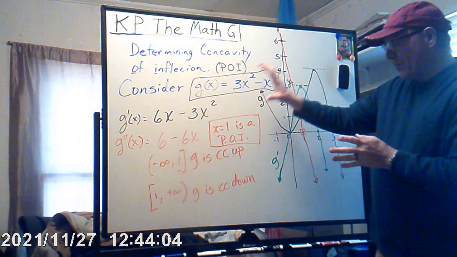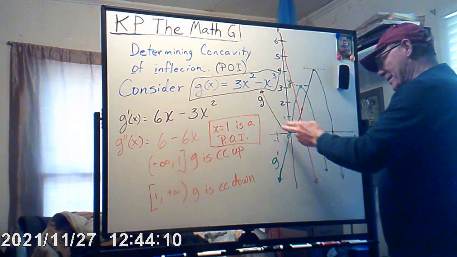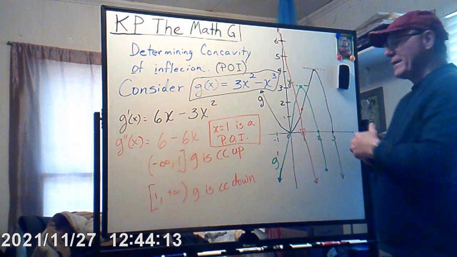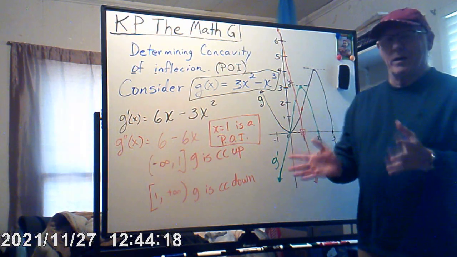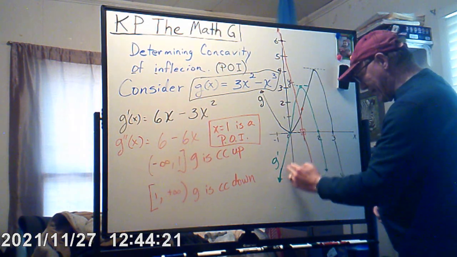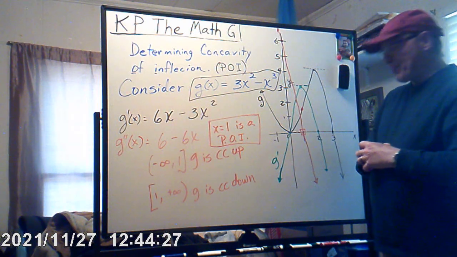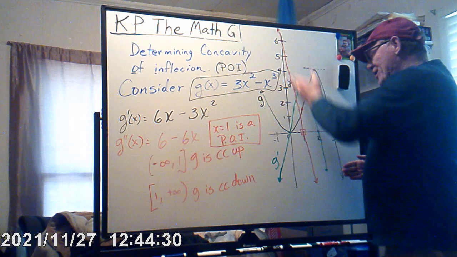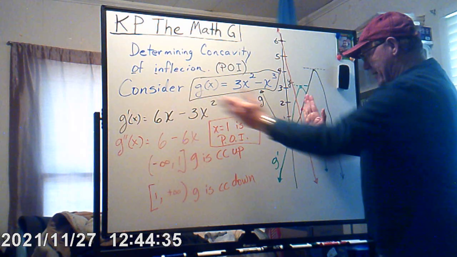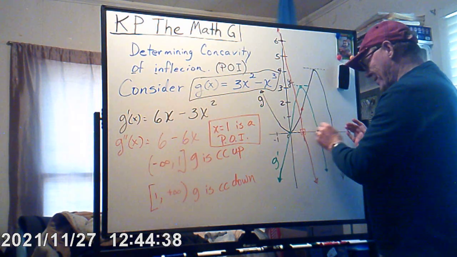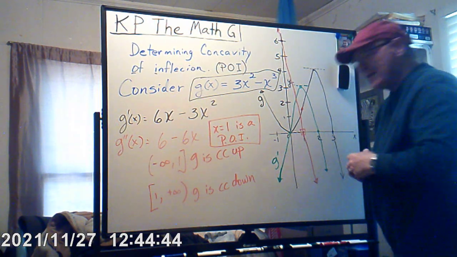This is what we were wanting to accomplish today, and this does look like a lot. Now remember, the black curve is G. The green one is G prime, which shows what? Increasing, decreasing. Decreasing here, increasing here, decreasing here. Okay? And the red line shows concavity, concave up from negative infinity to 1, concave down from 1 to positive infinity, going this way forever.